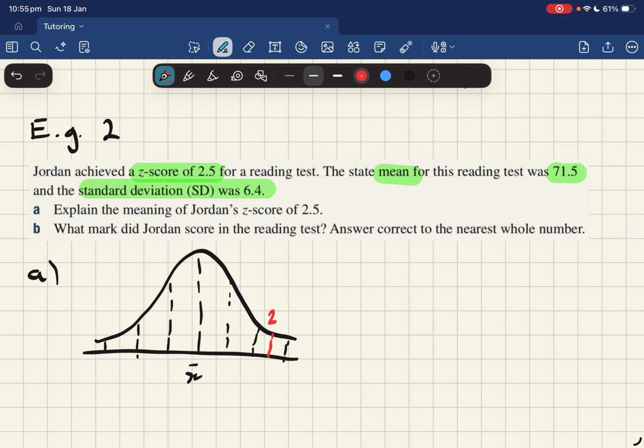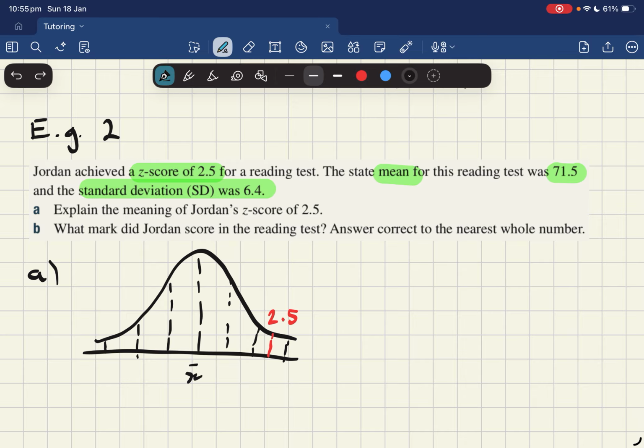So his score is here. Relative to the normal distribution, this is a pretty high score. He has scored 2.5 standard deviations above the mean, so he's actually achieved quite an excellent score.